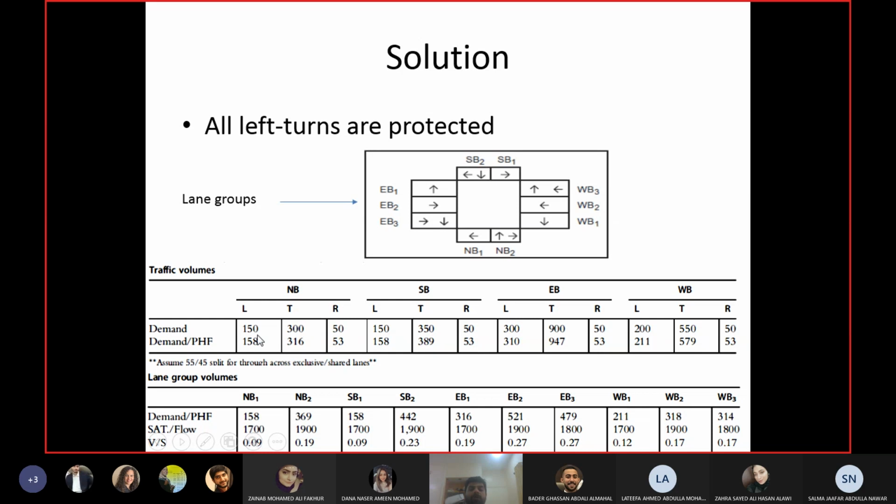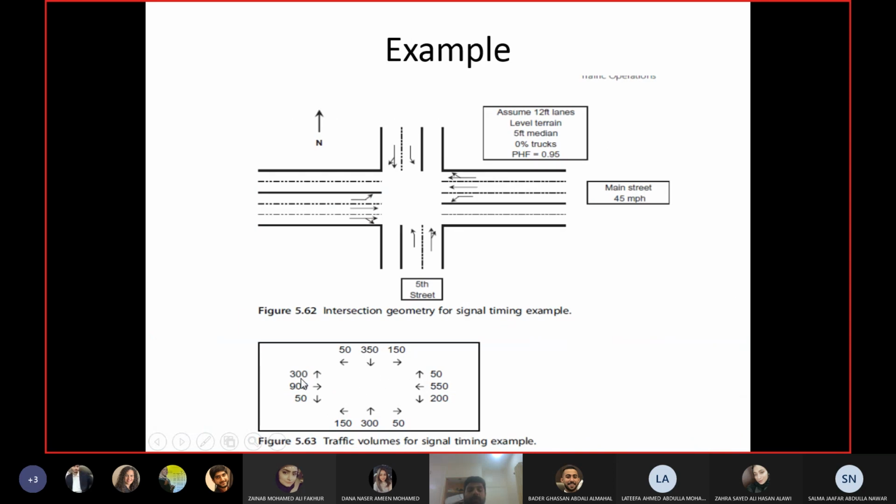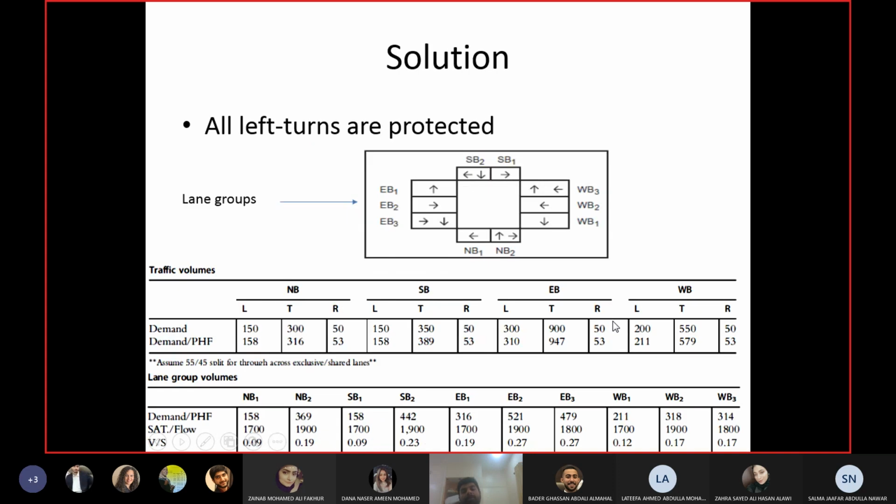So first of all, you take the flow which is given for each direction. The volumes are given for each direction, and you divide the volume by peak hour factor. If it was in vehicles per hour, you would have divided with the heavy vehicle adjustment factor as well. So volumes divided by peak hour factor here.